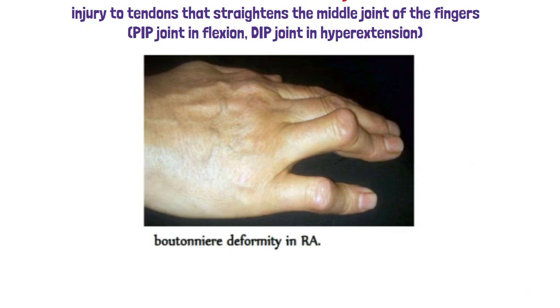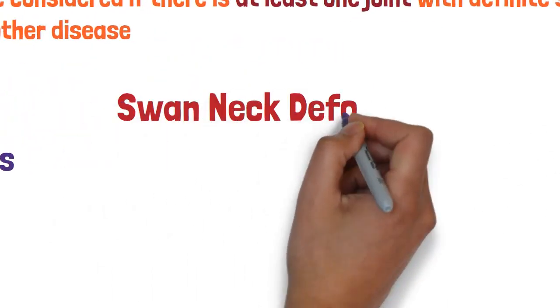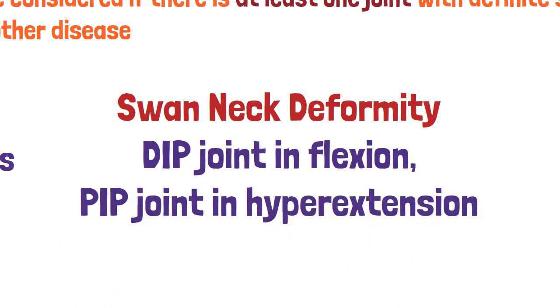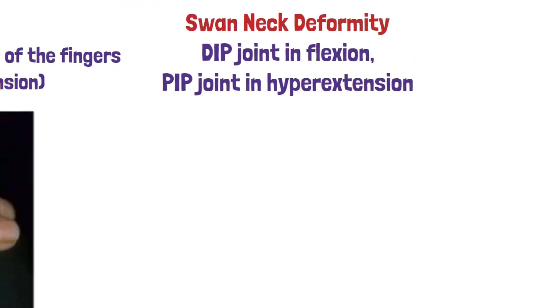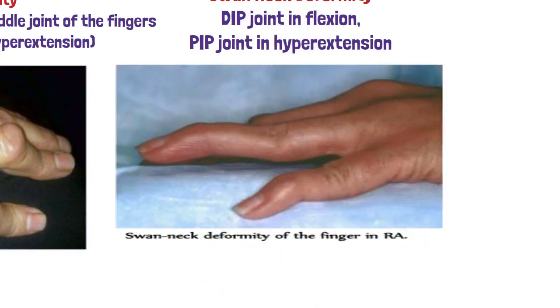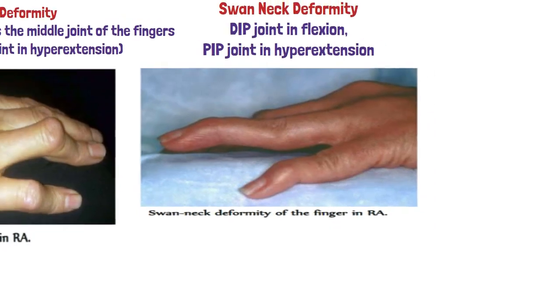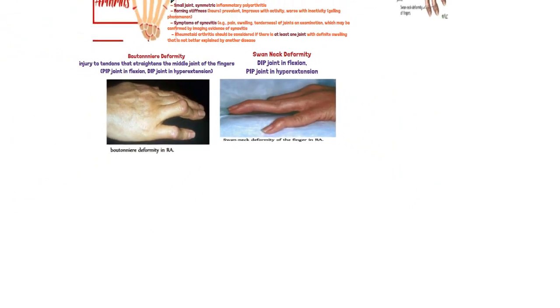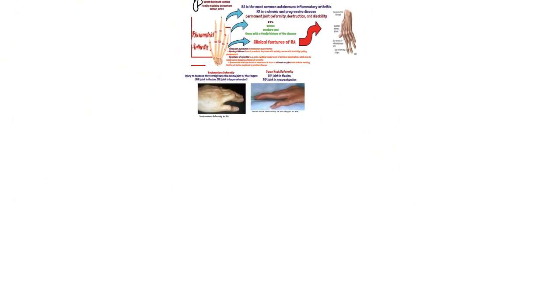If the injury affects the distal interphalangeal joint in flexion and the proximal interphalangeal joint in hyperextension, that is called swan neck deformity. If the deformity affects the distal interphalangeal joint in flexion, this is called mallet finger. Deformity means permanent disability, unfortunately.